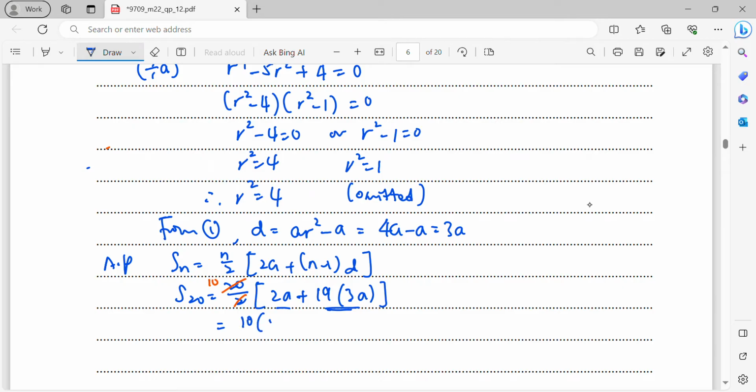So I get 10 times 59A, and at last it will be 590A for the S20. So that's the solution of this question.